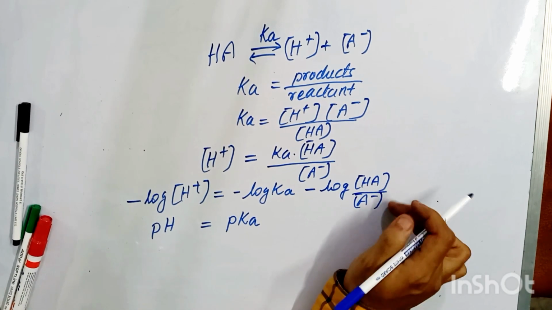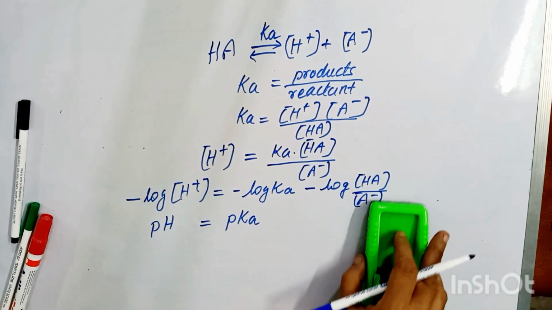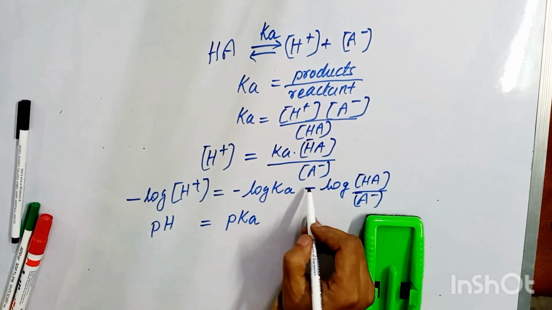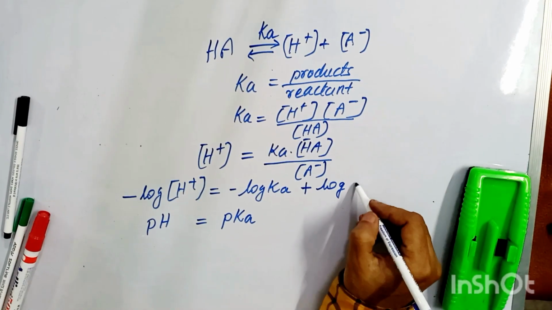If I just reverse this, the reversal will put a positive sign here, A minus by HA.